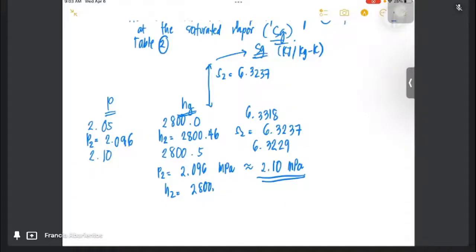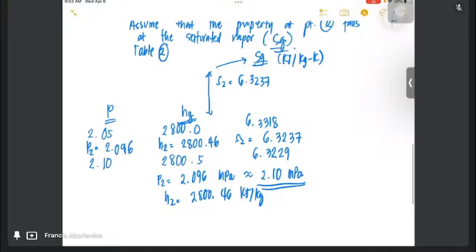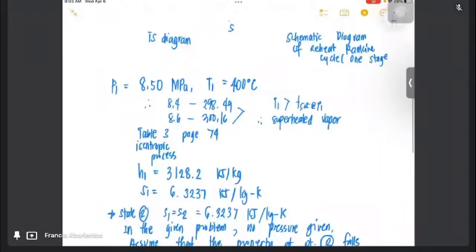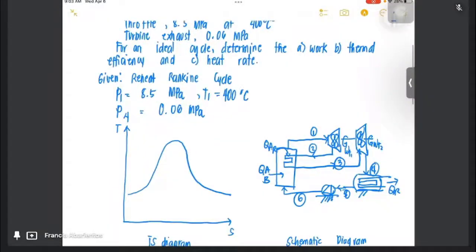Okay. Para mas madali-dali. And, yan. We have now pressure 2.10. So, isulat ko lang yung, i-draw lang natin. So, this is now your pressure at point 1.